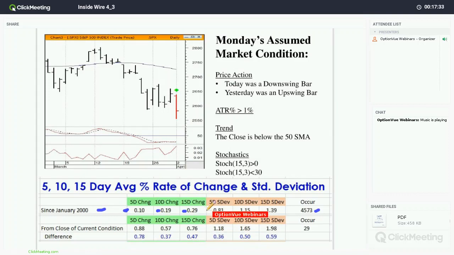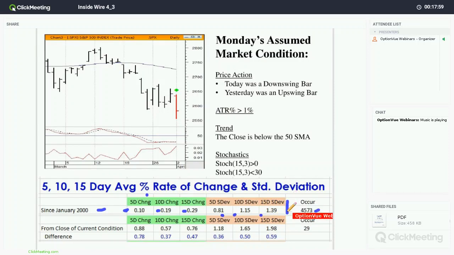Now, the standard deviation for the 5-day look forward is 0.81 of a percent. The 2-week is at 1.15%, and the 3-week standard deviation is 1.39.